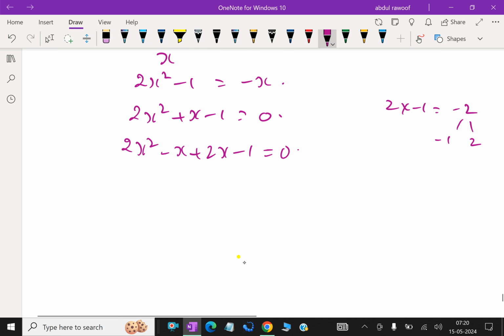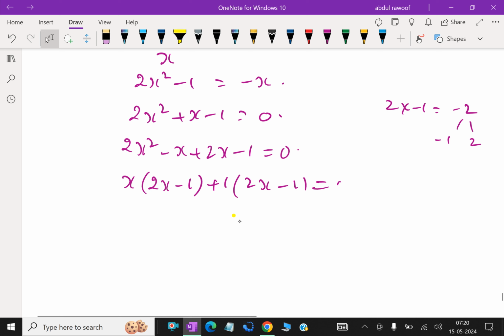Then the common term: x is common, x into 2x minus 1. Look at here, x into 2x is 2x squared, x into minus 1 is minus x, and plus 1 is common, 1 into 2x minus 1, because there is no common term other than 1.